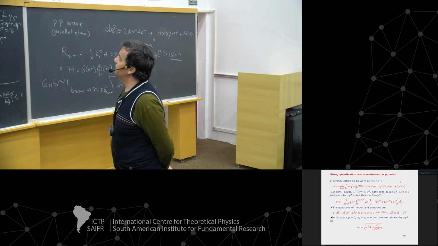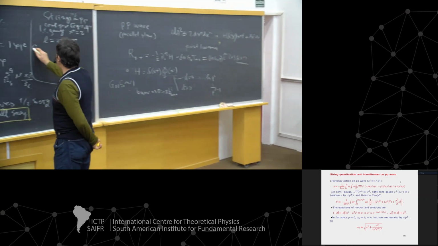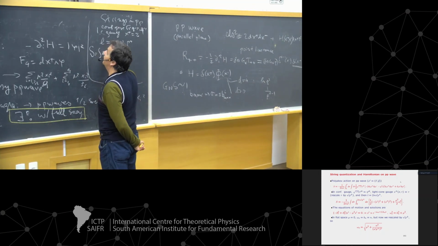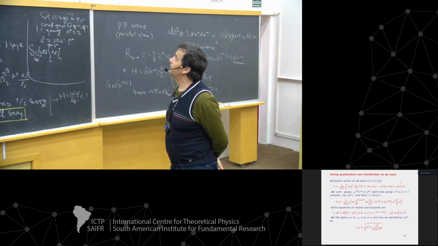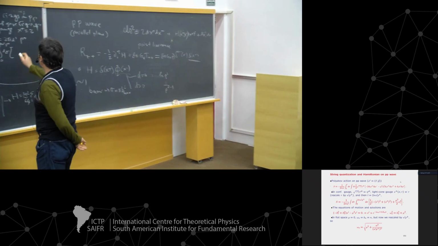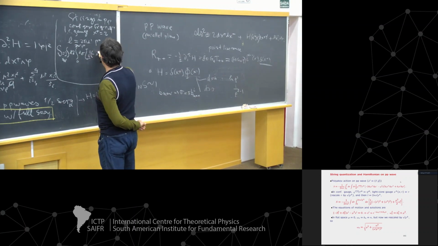When substituting that into the general action, we find a very simple action for the string, 1 over 2 pi alpha prime, integral d tau, integral from 0 to the length, that is 2 pi alpha prime p plus, d sigma. And here we just have massive modes, so 1/2 massive scalar fields: 1/2 minus x dot squared plus x prime squared plus the mass term, which is mu squared over 2 x squared.